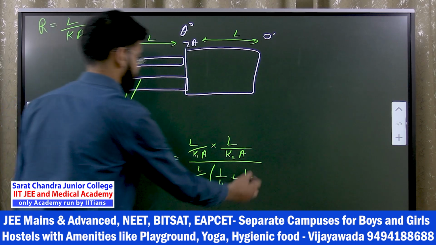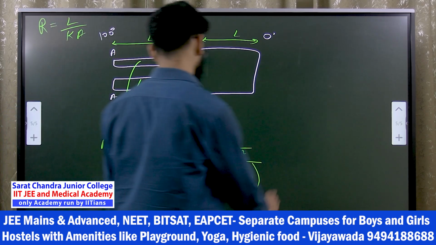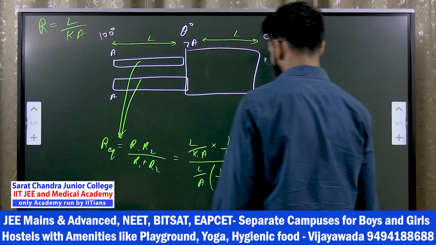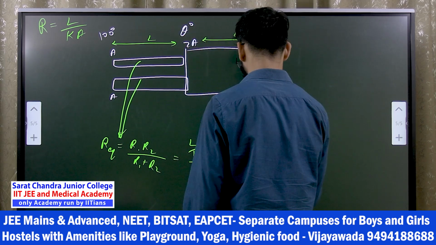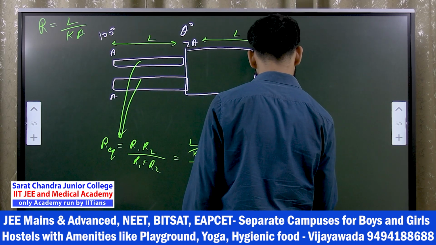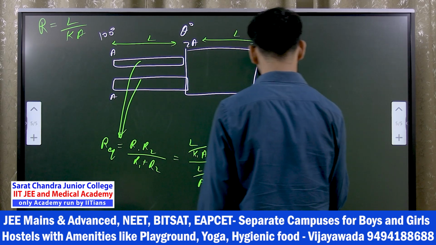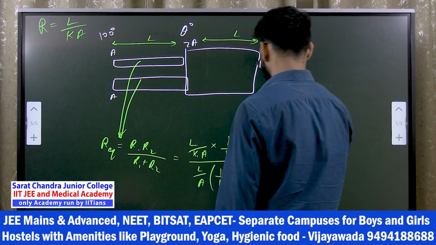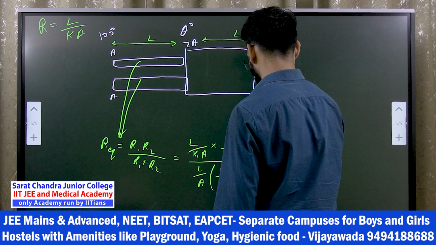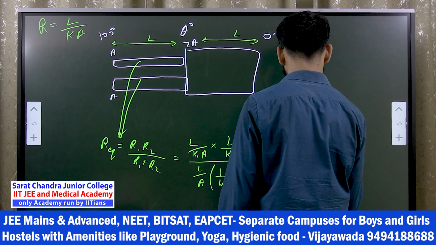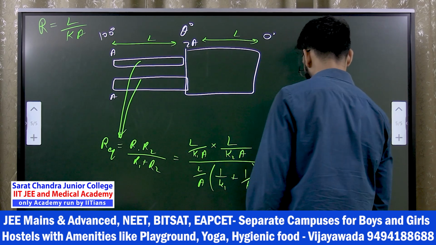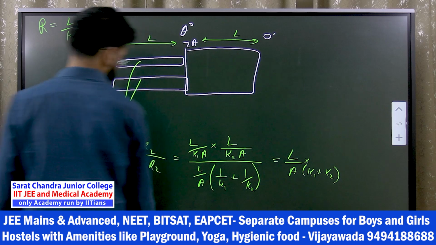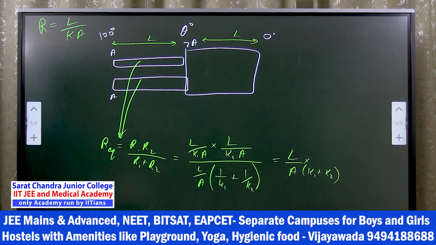If you solve from here, L by A will be only remaining, and then in multiplication this will be K1 K2, and the denominator K1 plus K2. That's it.